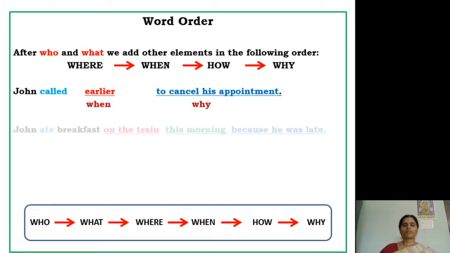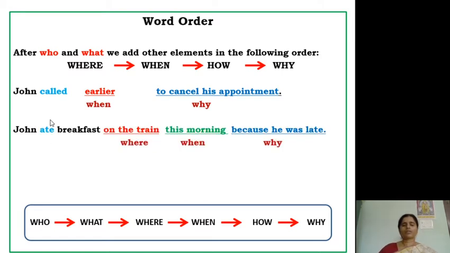Now let us see one more example. Here John is the subject, ate is the verb, breakfast is the object, and after the object you have three elements here: on the train, this morning, because he was late. So John ate breakfast on the train this morning because he was late. On the train refers to the where element, that means it refers to place.